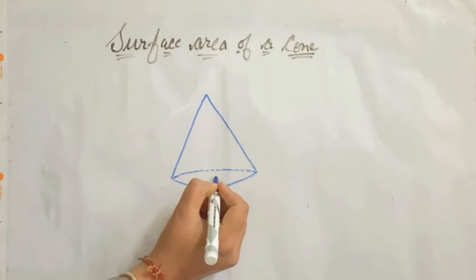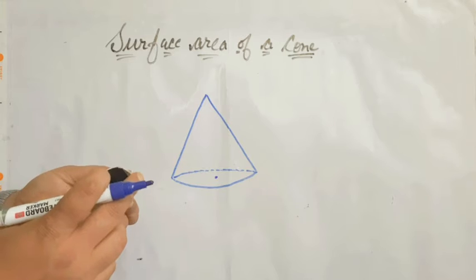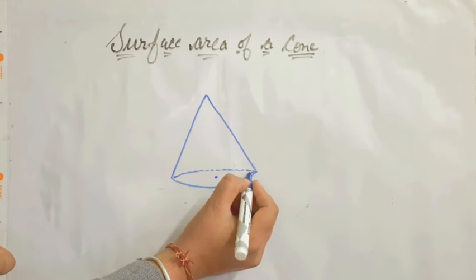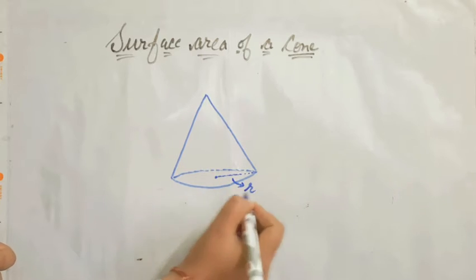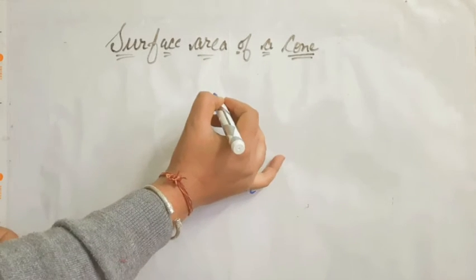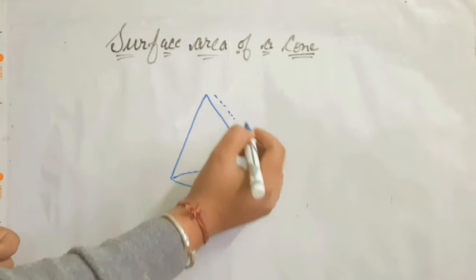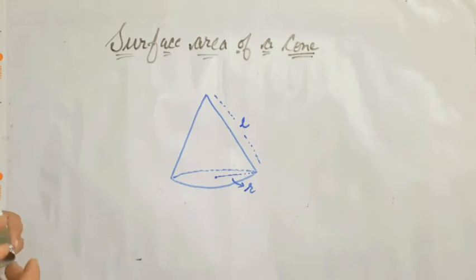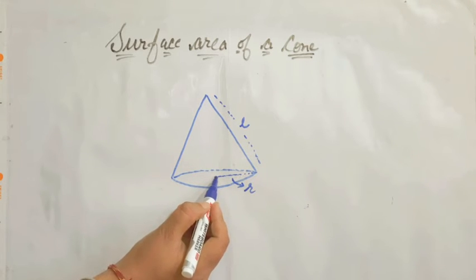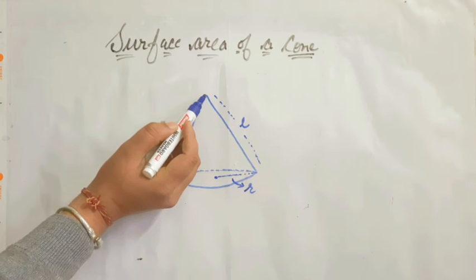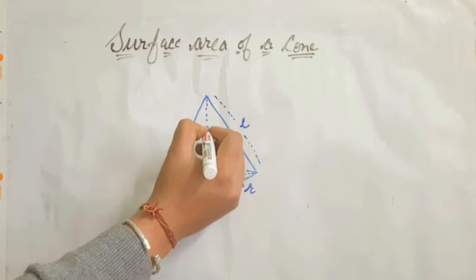The bottom of the cone is a circle, and its radius will be r. It also has a slant height, which we represent with L. Then the distance between the center of the base and the top vertex is termed the height.